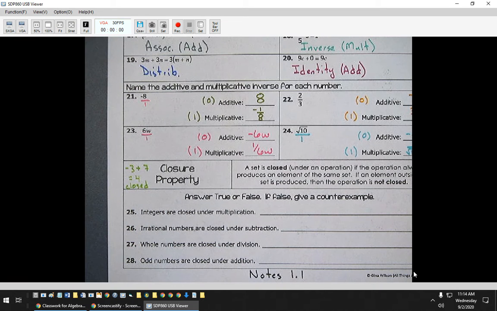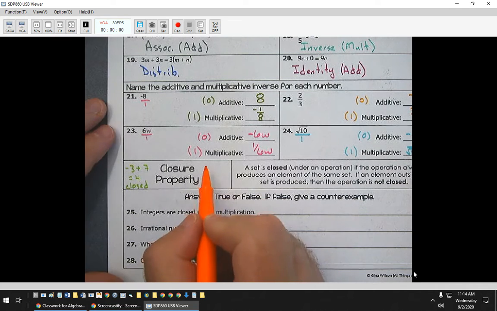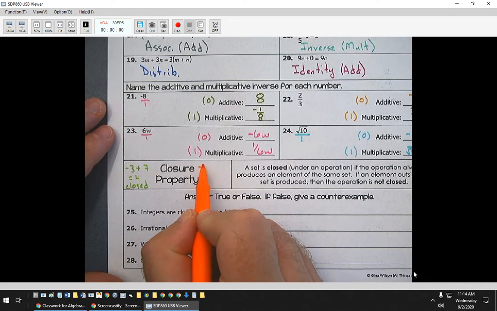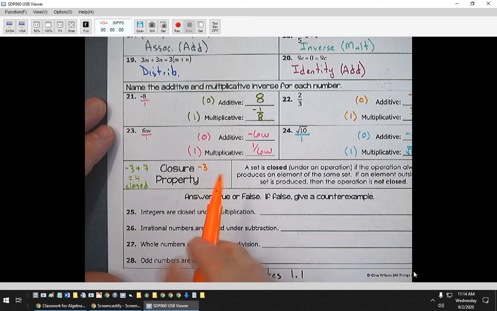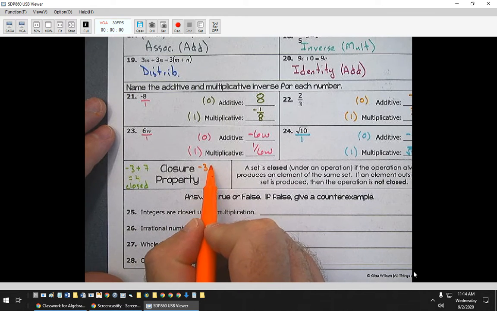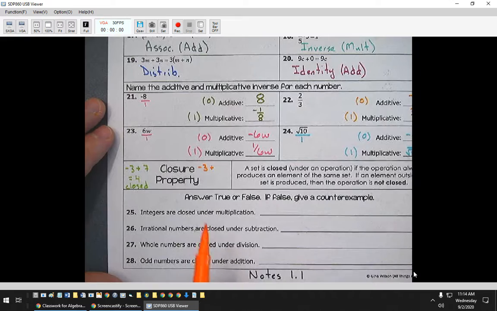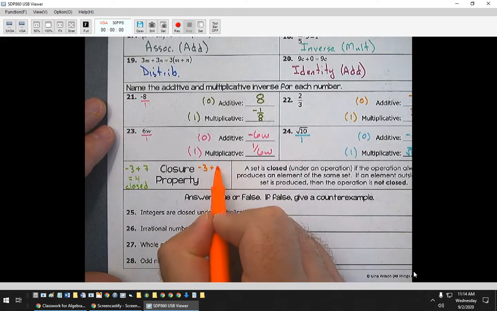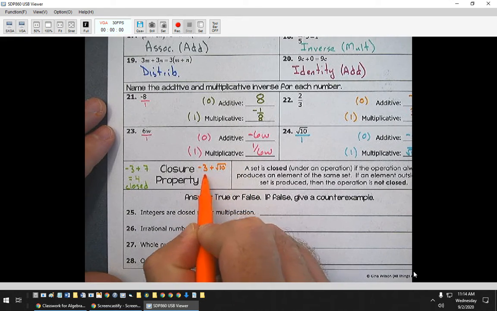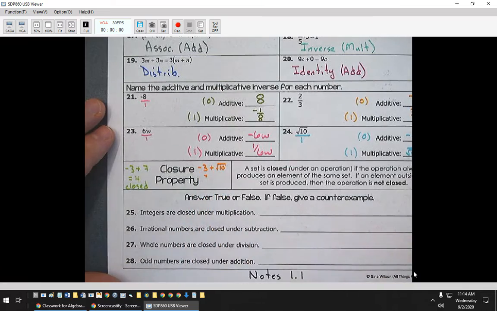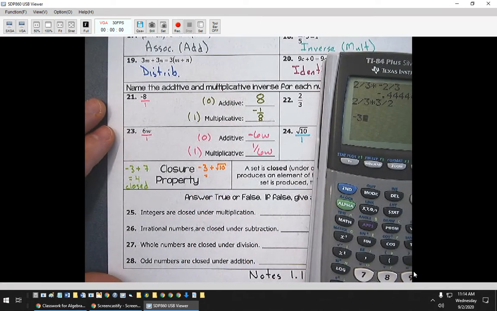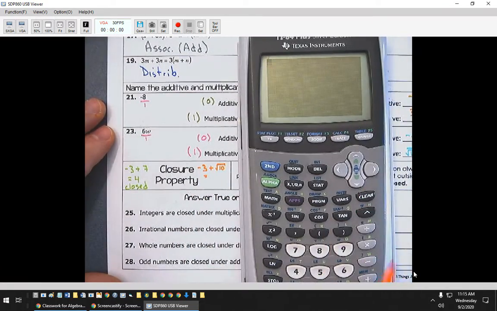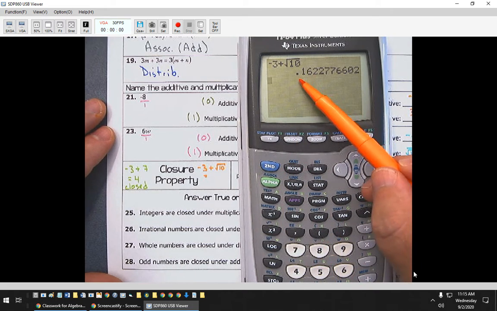So what would the opposite of that be? Well, let's take a look. Let's take the number negative 3, which is an integer. And this time I'm going to add an irrational, square root 10. Negative 3 plus square root of 10 ends up being positive 0.162.